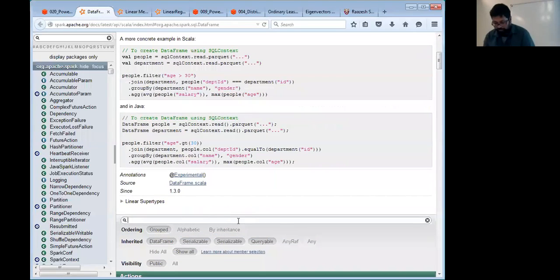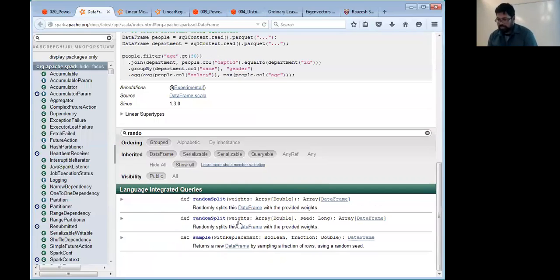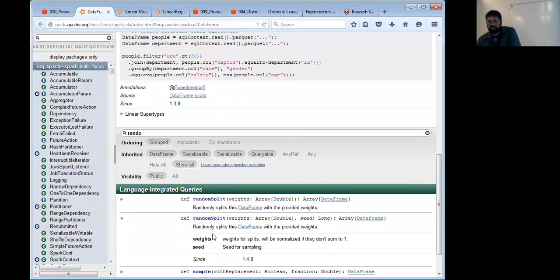Here you can search for randomSplit, and then you get the three possibilities. From the signature of the input argument, I know this is a seed, long, array, double. It randomly splits this DataFrame with the provided weights. So I can just go here and get more detail.